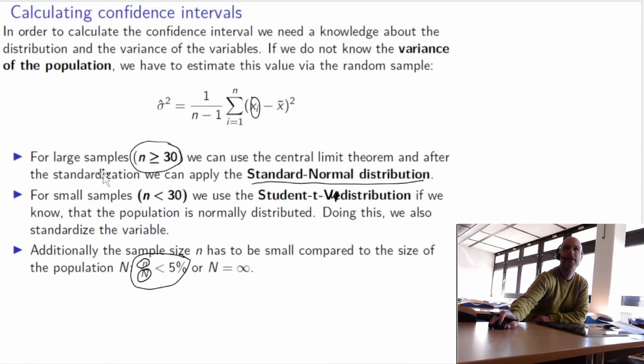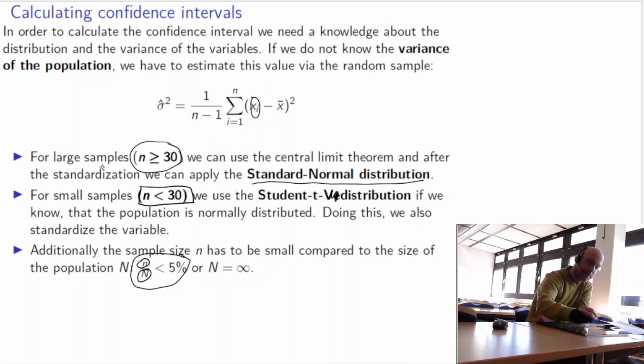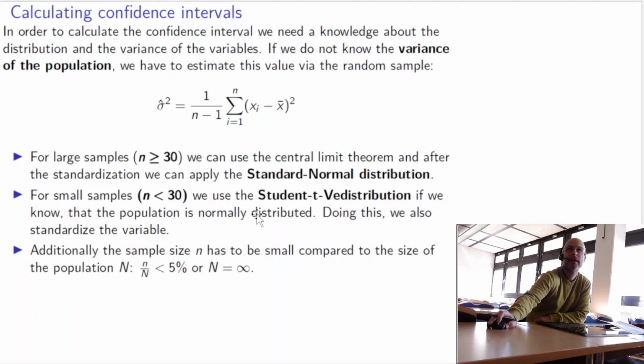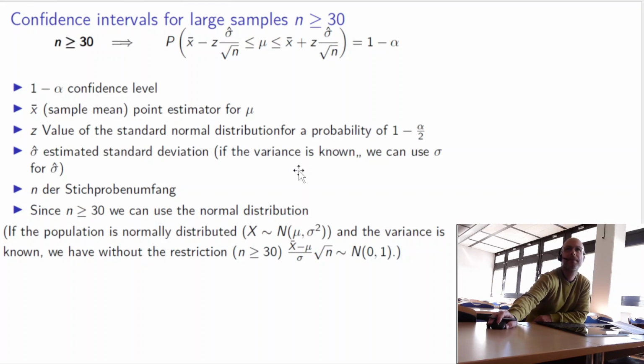But if this is not the case, especially if we have small random samples, less than 30, then we can show that our mean is not anymore standard normal distributed, but it is so-called t-distributed.